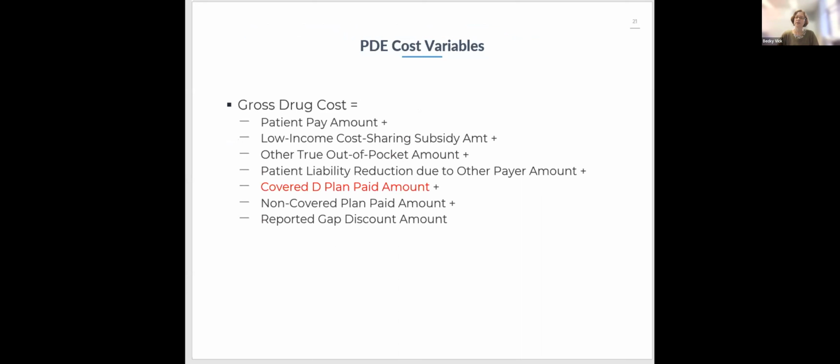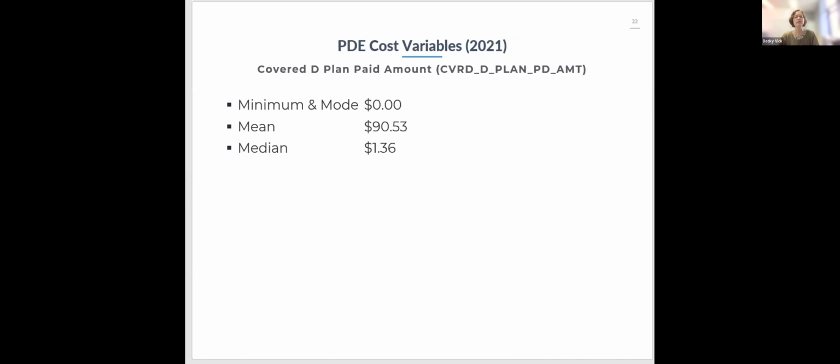So the next component is paying for the bulk of these PDE events, and that's the Part D covered D plan paid amount. This is the amount that the Part D plan paid for the transaction. Here you can see the distribution from the 2021 data.